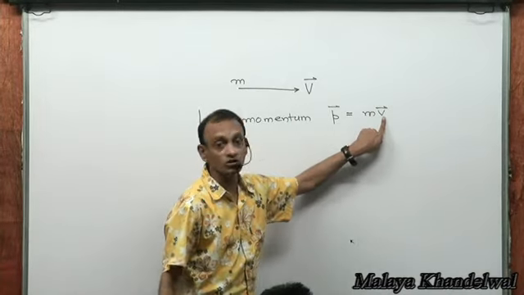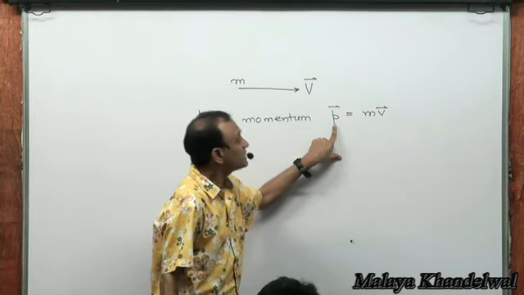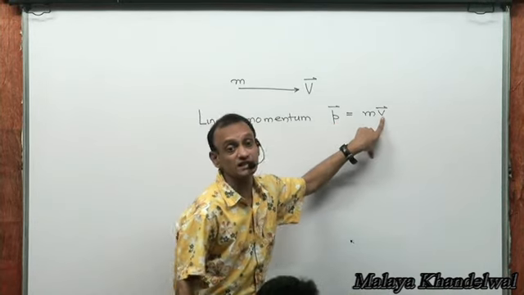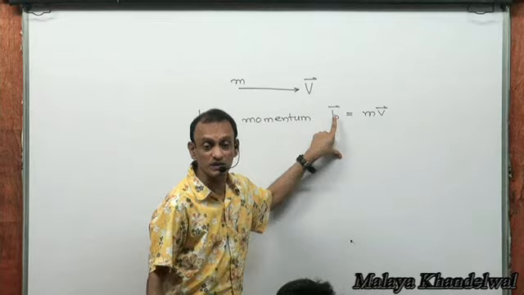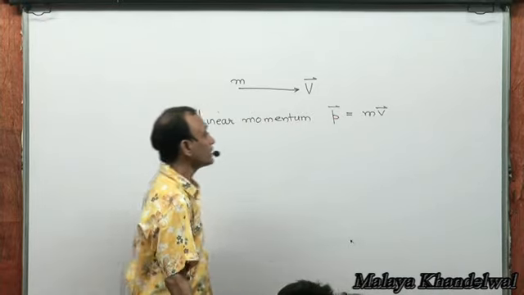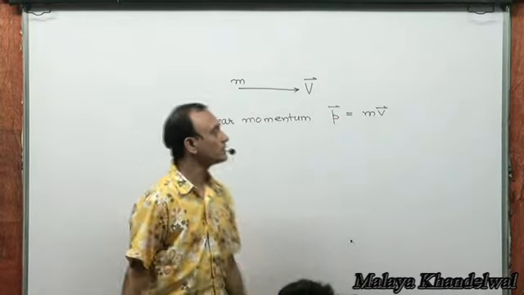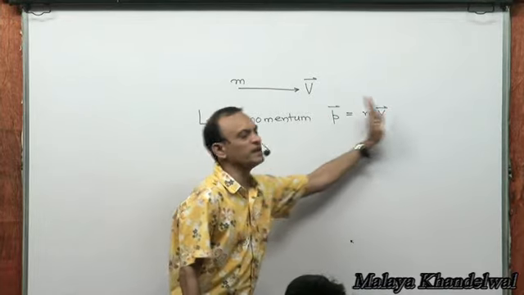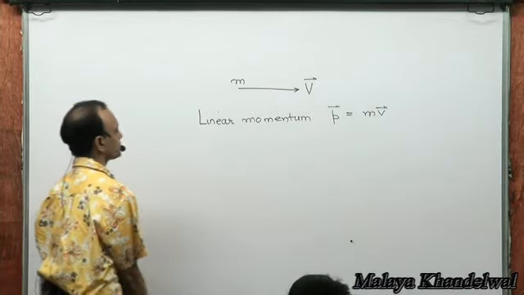Mass is a scalar, velocity is a vector. Very clearly, the direction of p is the same as the direction of v. So this is linear momentum. Obviously, p and v are parallel to each other.